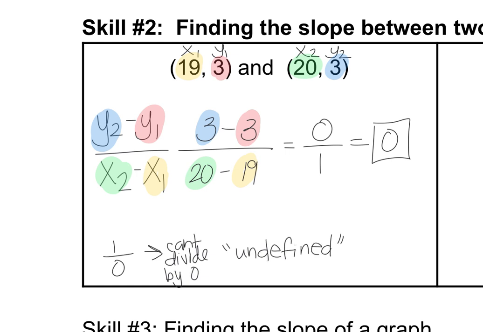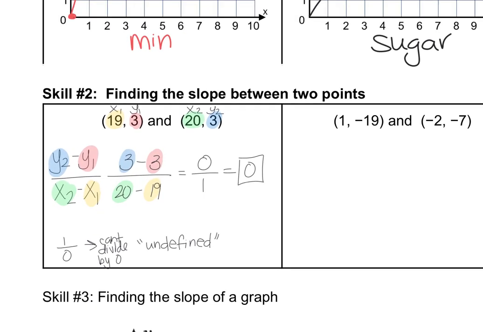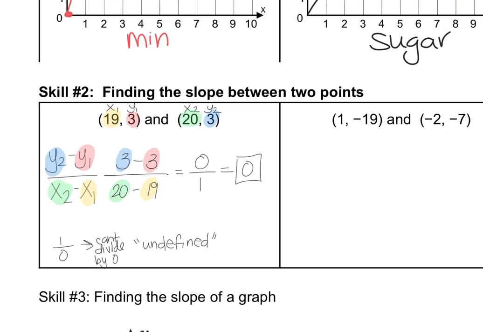And there is a button in Delta Math that you can click if you get something like that. Most of the time you'll get a number, but if you do get 0 on the bottom, you can't divide by 0, you'll click undefined. For the next one, I've got my formula.